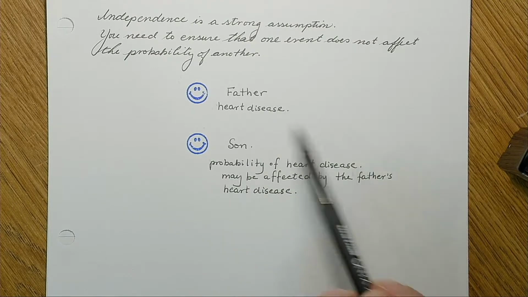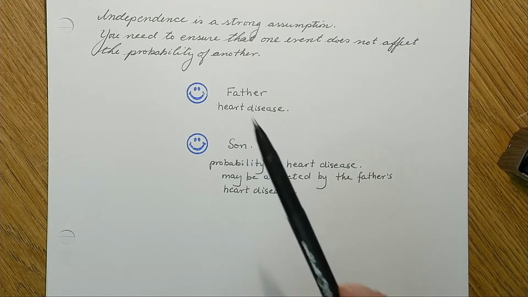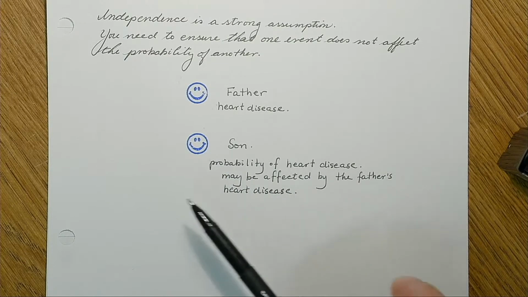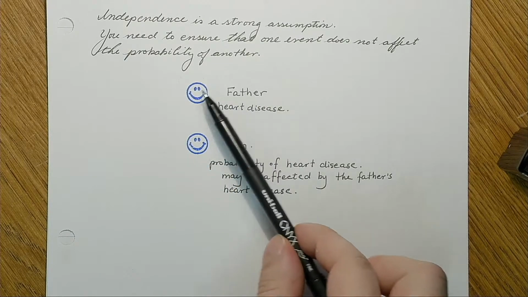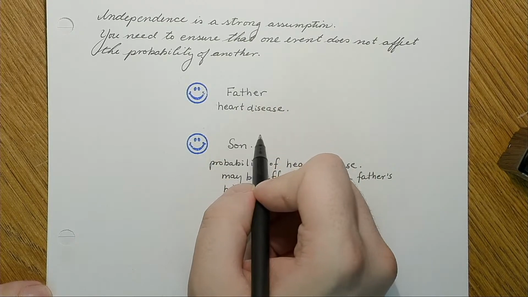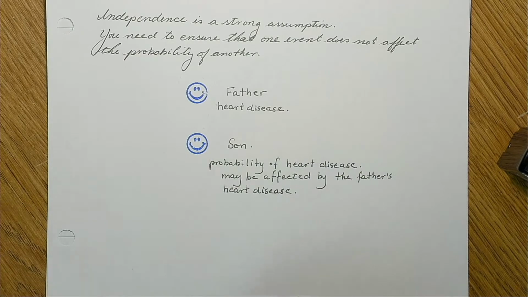So when we start to talk about people and we're saying that people are independent of each other, the probability of heart disease, well, if we start to look at within families, this may actually provide some information about the son.